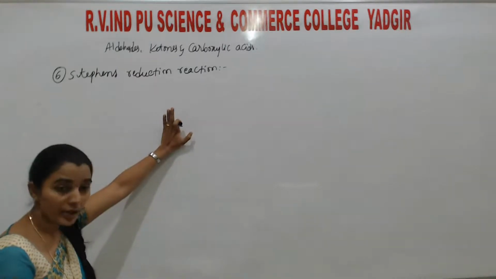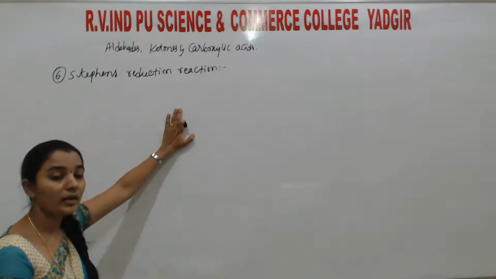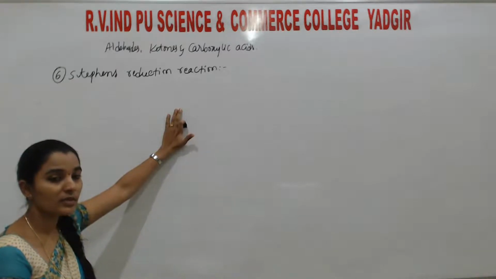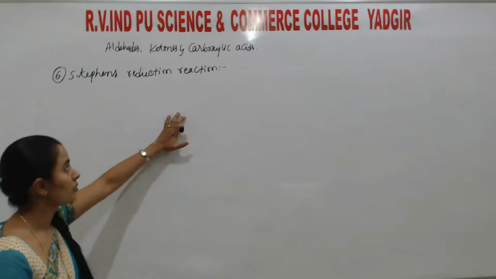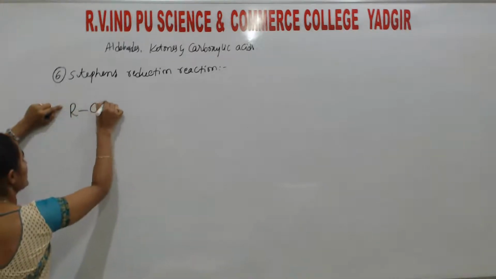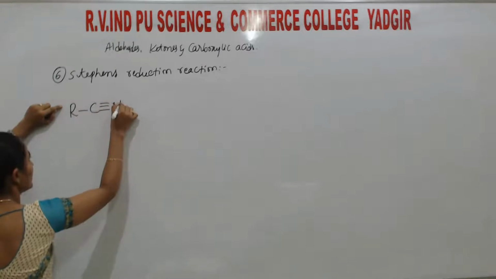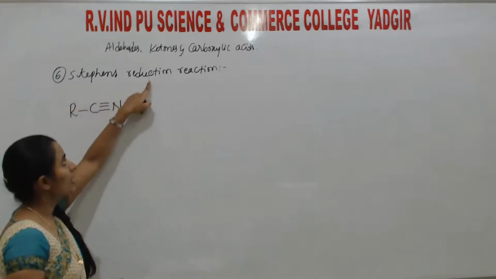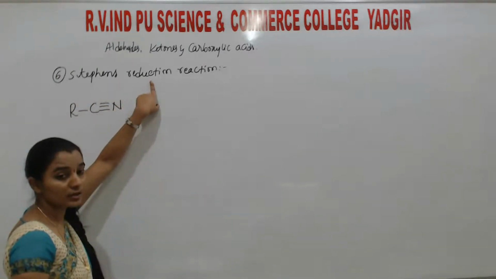Understand? So here the reagents used are alkyl nitriles. Nitriles means cyanide type compounds. Listen: R-C≡N compounds. Which reaction is it? It is a reduction reaction.